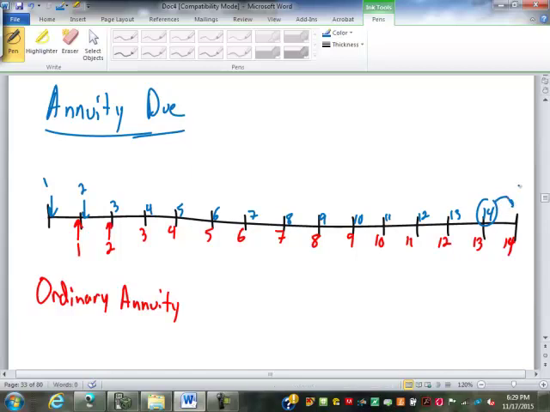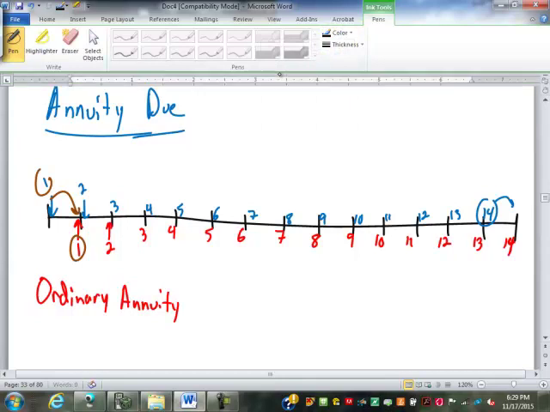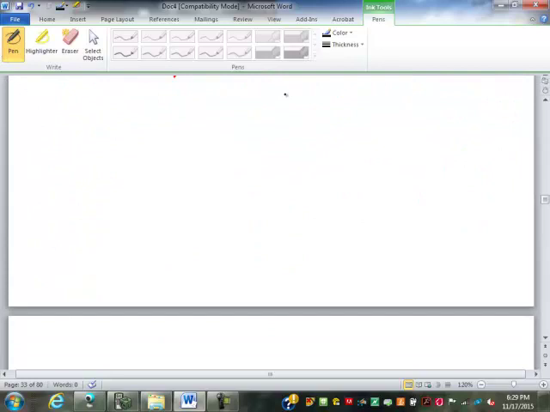In fact, each of these payments draws interest for one more period. This first payment in the annuity due sits there for a month and draws interest before it would have even been made in the ordinary annuity, or a quarter or a year or whatever our period is. So because of that, there's a slight adjustment factor for an annuity due.